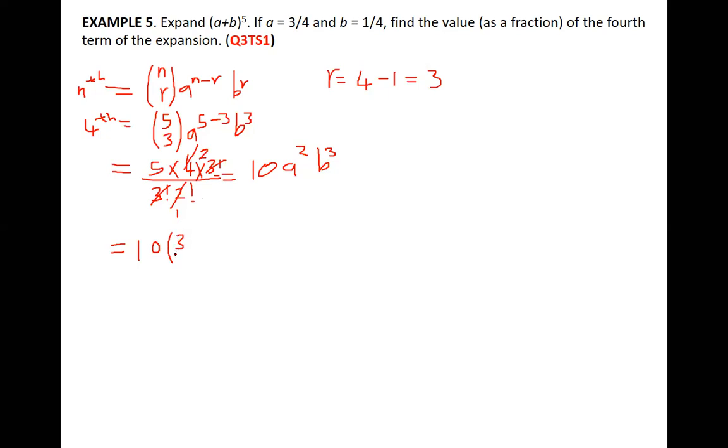You put your 3 over 4 there and square it, and then you put your b there, which is 1 over 4, and raise it to the power 3 like that. When you simplify this, you find your answer to be 45 over 512.